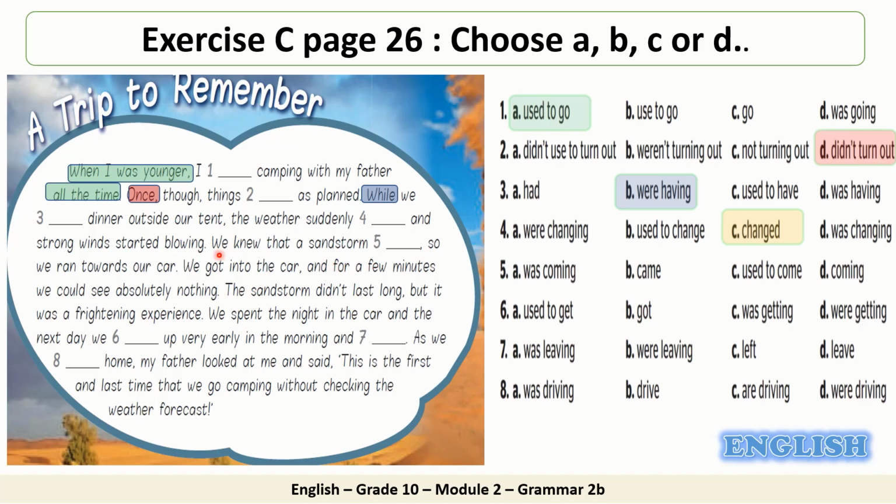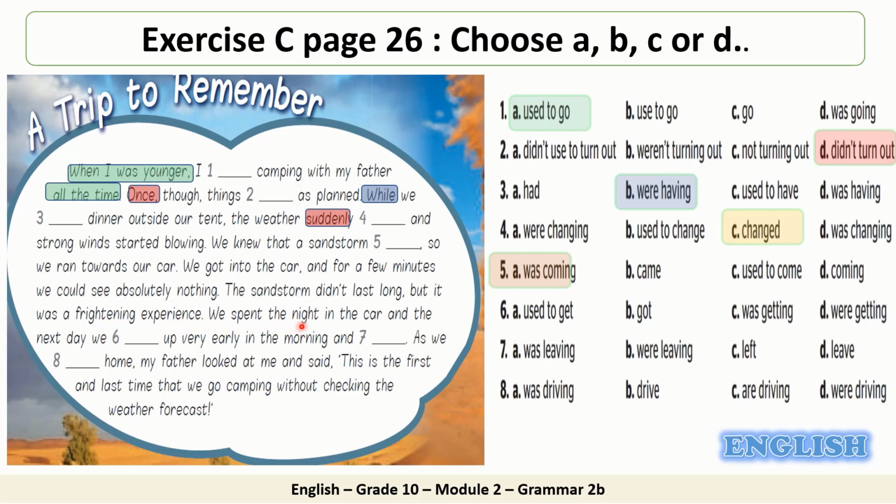Number 5, we knew that a sandstorm what? Was coming. Good. Here he is giving background information. Very good. So we ran towards our car. We got into the car, and for a few minutes we could see absolutely nothing. The sandstorm didn't last long, but it was a frightening experience.